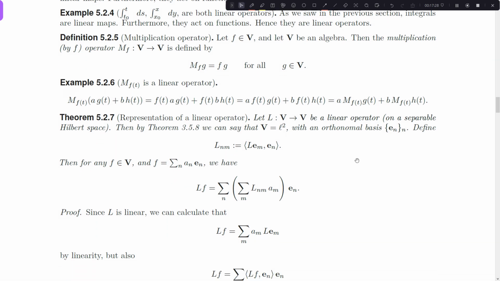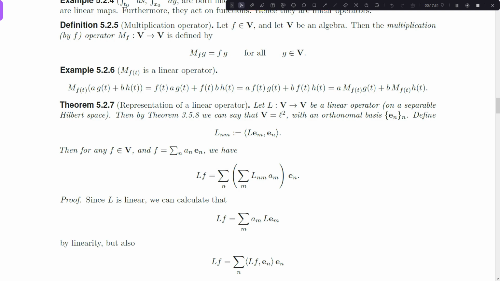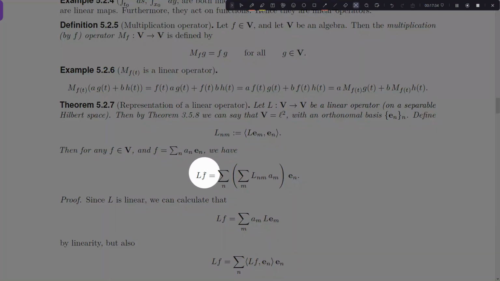So for any function in my vector space, first of all, I can write the function as an element of the vector space using the orthonormal basis property, where it's just equal to an infinite sum against the orthonormal basis. But if I want to, I can compute L on that function. Suppose I didn't really know how to compute L on the function in the first place. As long as I compute all of these nice inner products against the orthonormal basis, all I do is compute L sub nm against the coefficients of f, which were a. So I compute those against a sub m, they've been indexed by m here, and I sum all of those up.